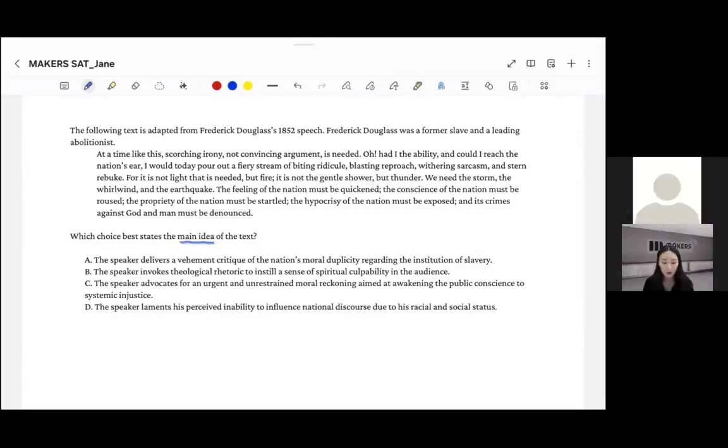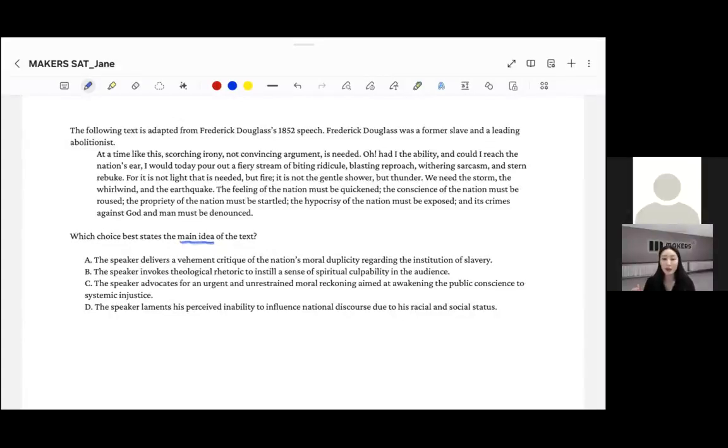We need the storm, the whirlwind, and the earthquake. The feeling of the nation must be quickened, the conscience of the nation must be roused, the propriety of the nation must be startled, the hypocrisy of the nation must be exposed, and its crimes against God and men must be denounced.